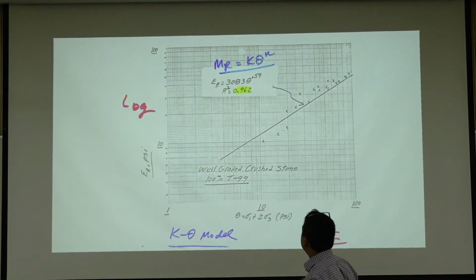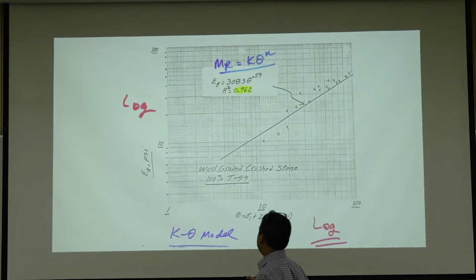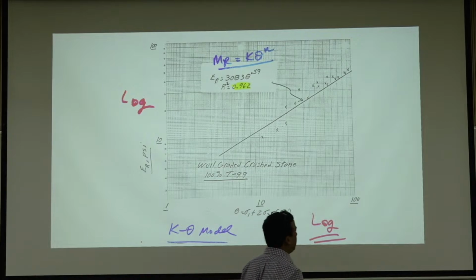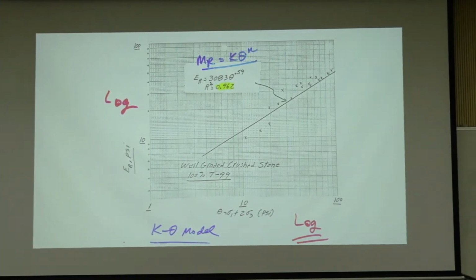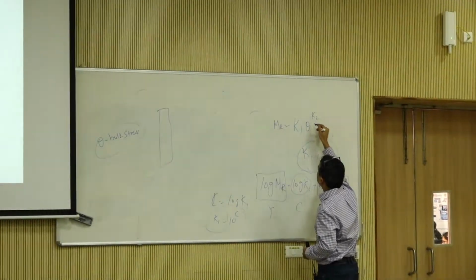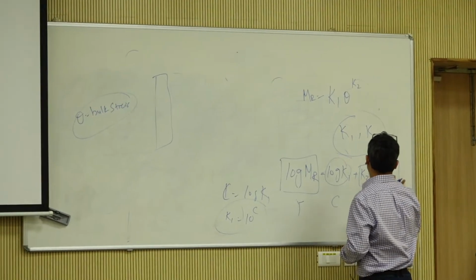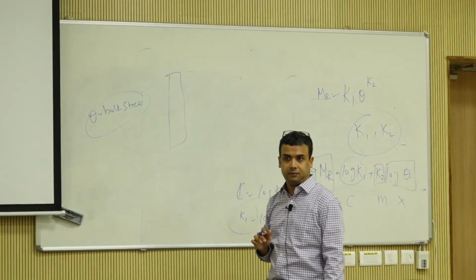You plot MR against theta, exactly the same thing. You fit your model. Instead of sigma 3, this now becomes theta. Right?